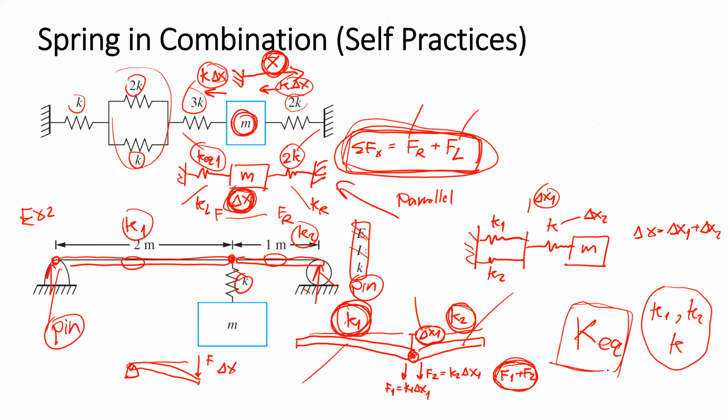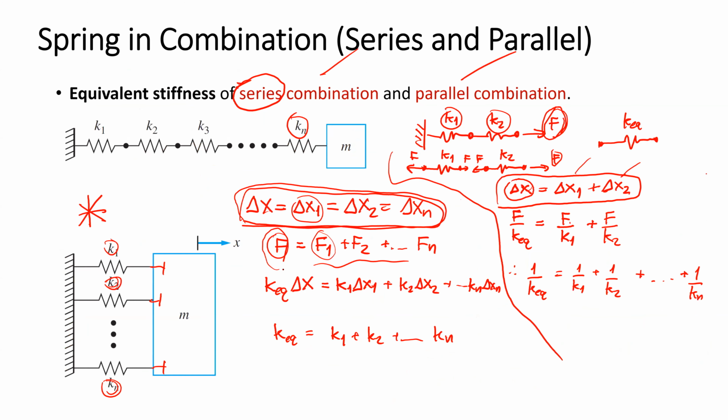In real practice, we may need to compose the static equilibrium position to get F1 and F2 with the constraint delta X for this case. If the springs are connected in series or in parallel in a simple form, and we can clearly see by eye, we can apply this idea.